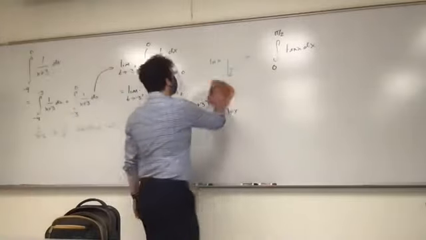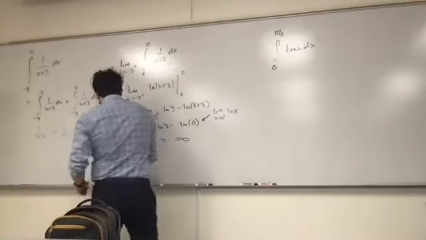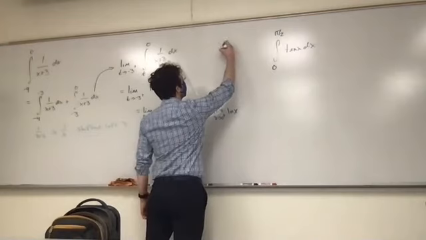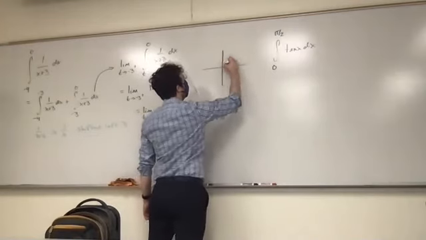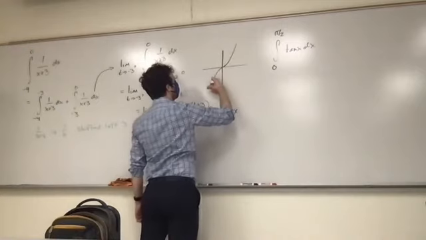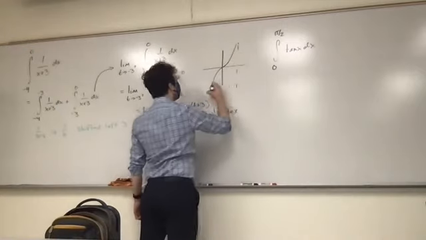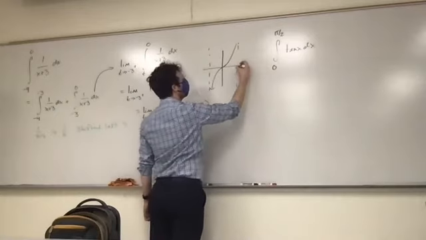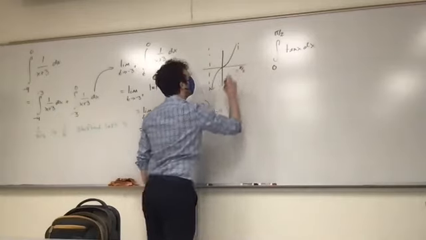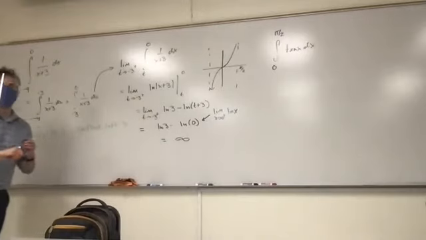And this one actually is, because tangent looks something like this, where it has these vertical asymptotes everywhere, and this shape keeps repeating. So at pi over 2, this actually does have an asymptote.